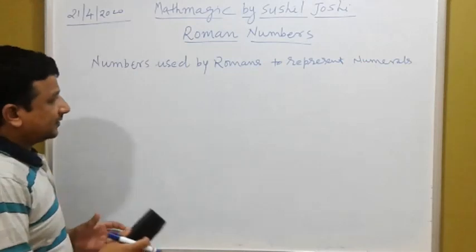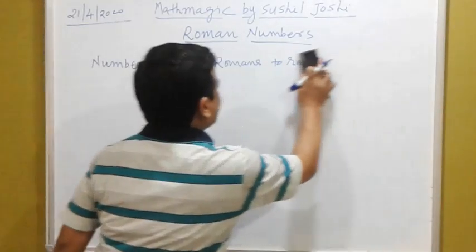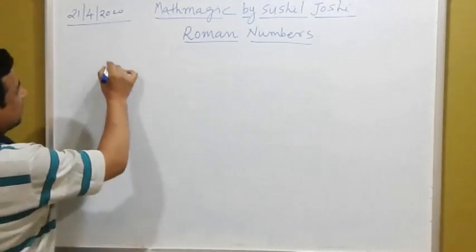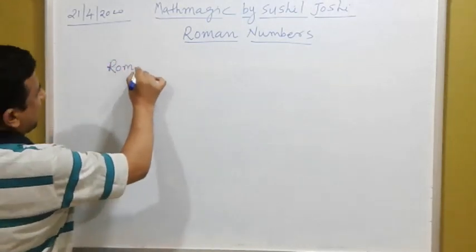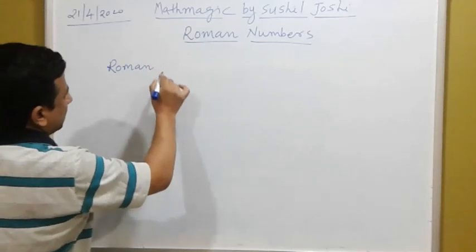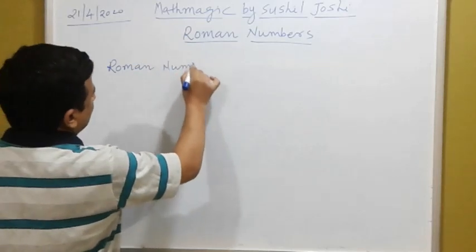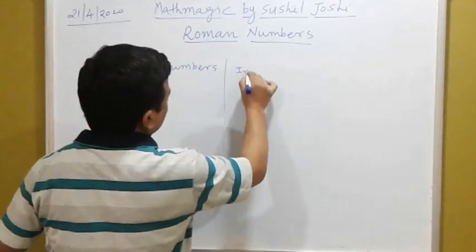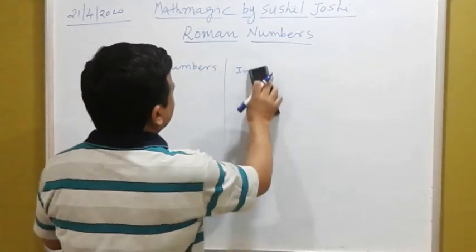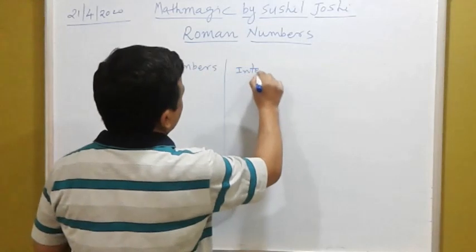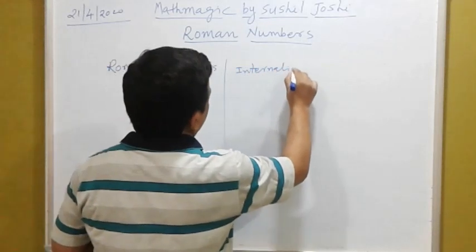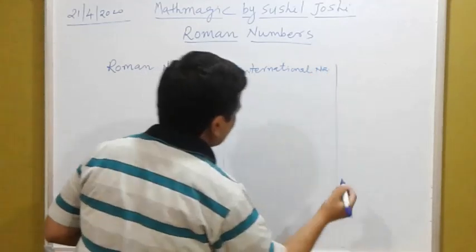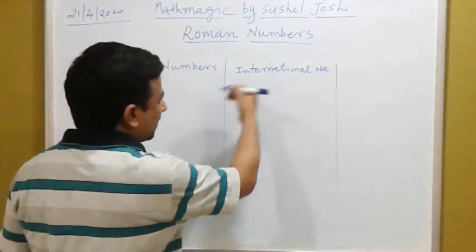So let us take an example of how we denote the Roman numbers. First I write Roman numbers. I draw a chart of Roman numbers and our international numbers, or we call them Hindu-Arabic numbers.